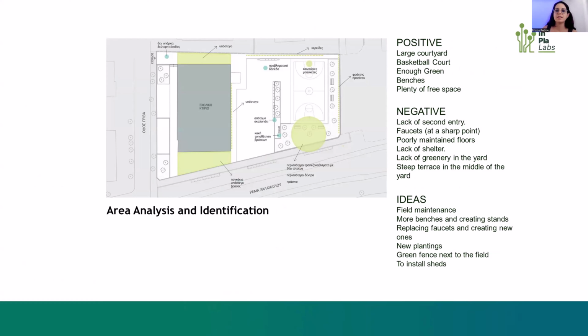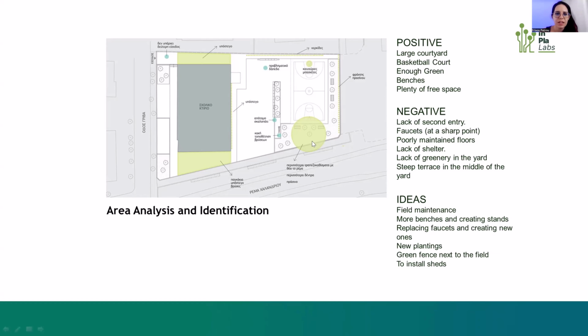Here is the initial part where we mapped the positive and negative aspects and also invited them to put some ideas of improvement. For example, here we can see on the sketch that they indicated some problems, like here there is damage on the ground, or here the plants are placed in a bad position.